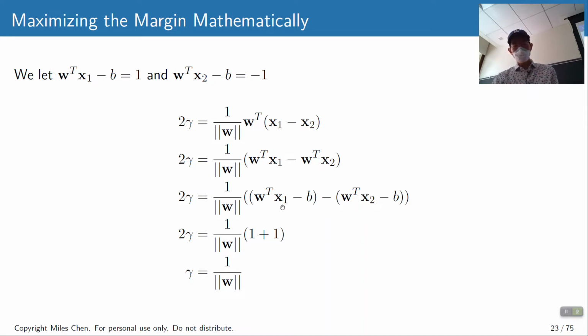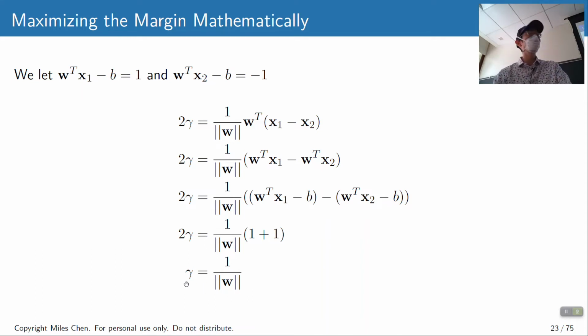So w transpose x1 minus b, we know this is equal to 1, and w transpose x2 minus b, we know this is equal to minus 1. So this just cancels out to be 2. And now I've got gamma equal to 1 over the norm of w. Okay? So this is the distance.